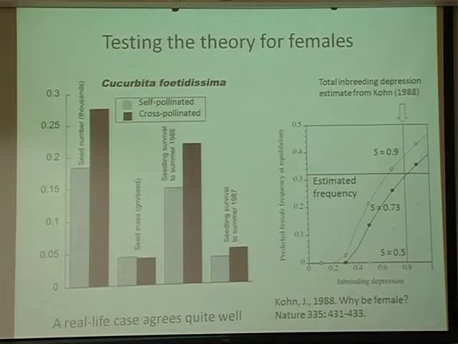And I just plotted 3 different self-fertilization rates of the co-sexuals and what the equation predicts. And this is what the inbreeding depression and the selfing rate that he estimated gives us. And this is the frequency of females in the population, and you see it's spot on where we have the estimated selfing rate and the estimated inbreeding depression.